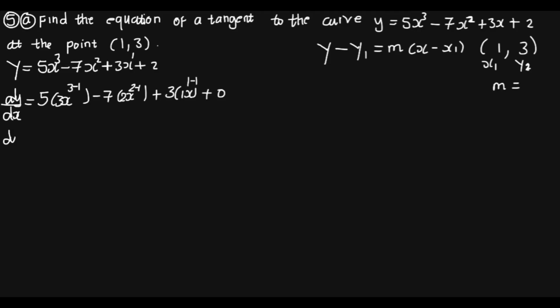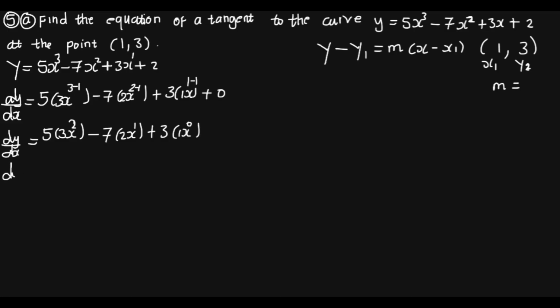We can now proceed. dy over dx is equal to 3 times 5x raised to the power 3 minus 1 is 2, minus 7 times 2x, 2 minus 1 is just 1, plus 3, and 1 minus 1 is 0.